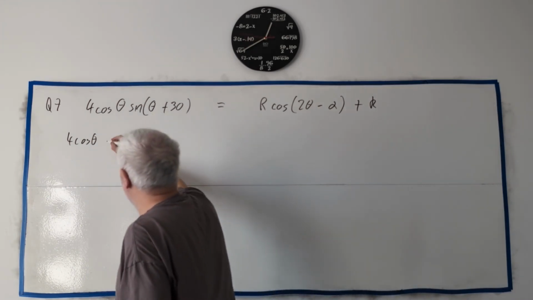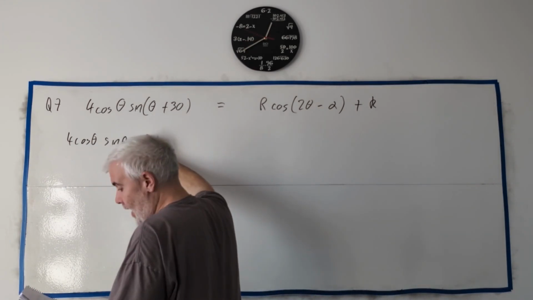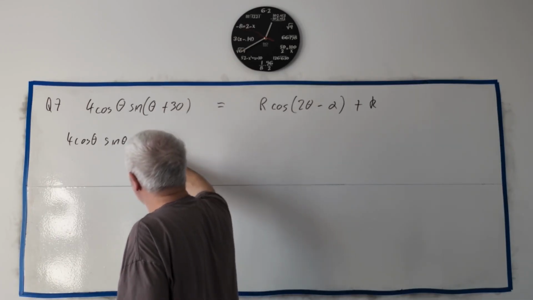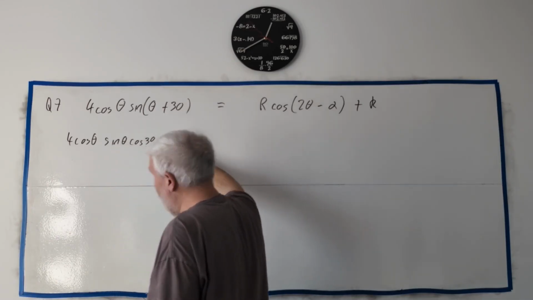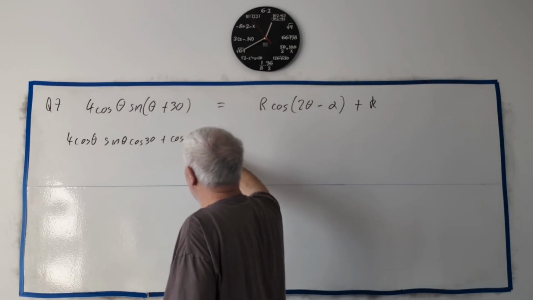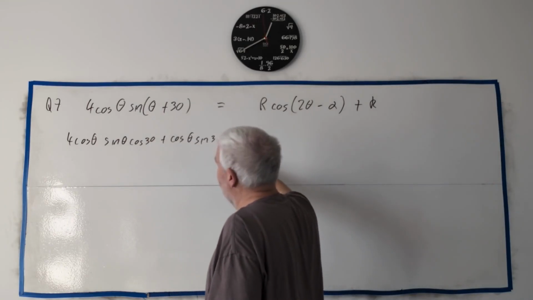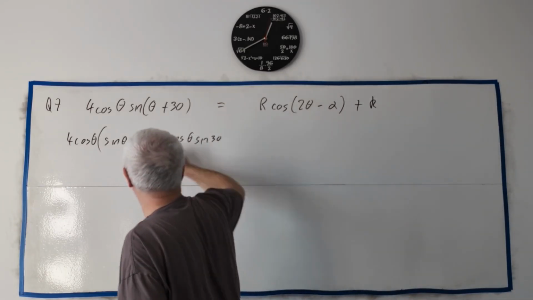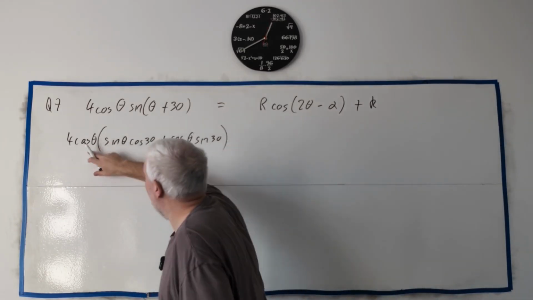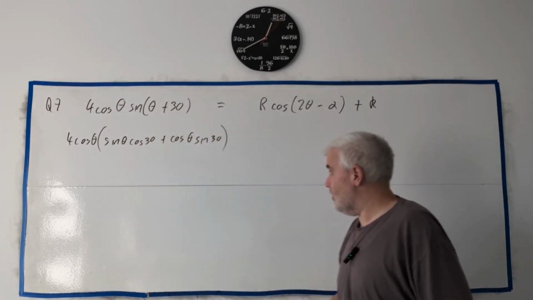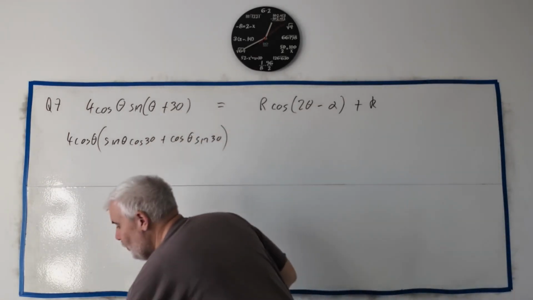It's just the first angle here, sine the first angle, multiplied by cosine the second one, plus cosine the first angle, multiplied by sine the second angle. Let me put a bracket around there. Yes, 4 cosine was outside both of these. I've expanded that out.